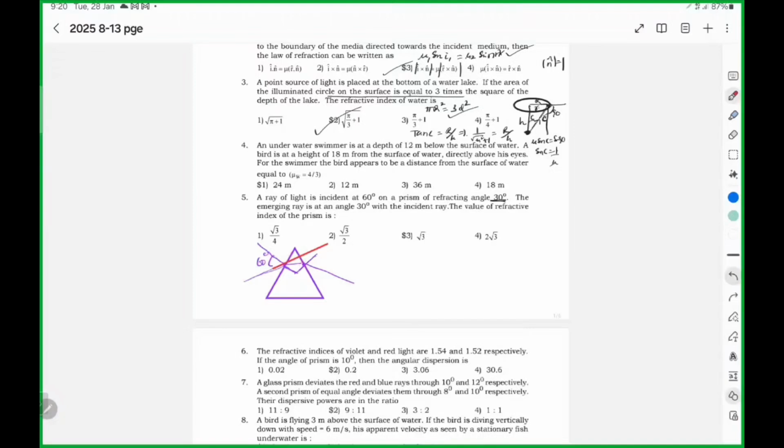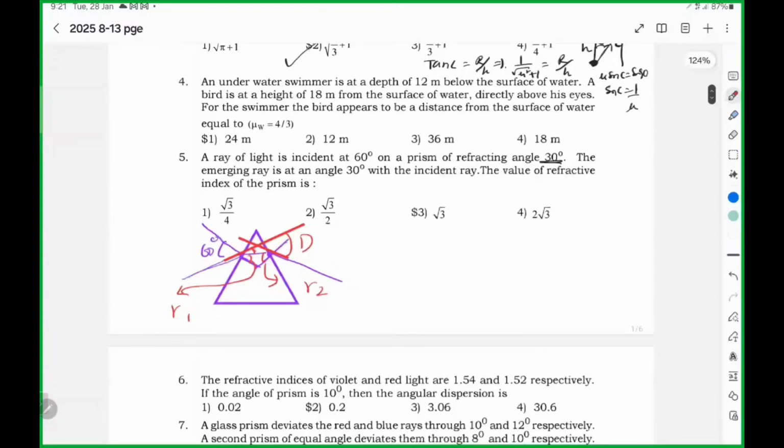This will be the deviation. That deviation is nothing but, here this one is R1, this one is R2. That is nothing but this part, which is total 60 minus R1, this part.